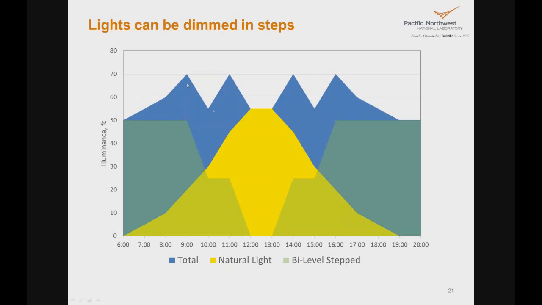But you can see this sawtooth pattern in the total light that is falling on the work surface. It is more than the minimum that we need. This is not usually a problem. I mean, 70 foot-candles on the work surface is not a problem at all. But there are some opportunities for lost savings here.